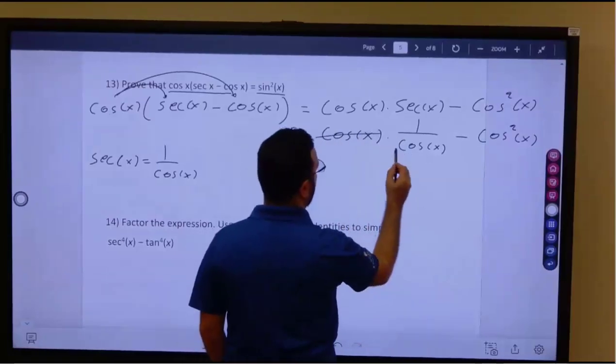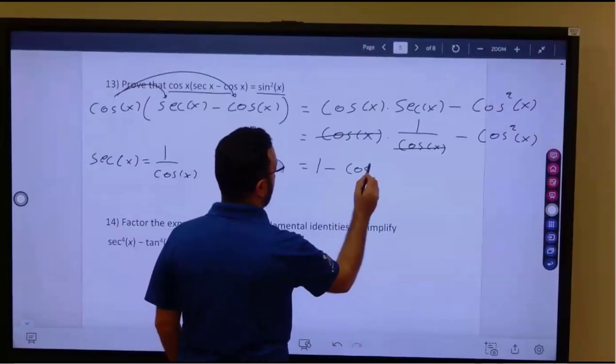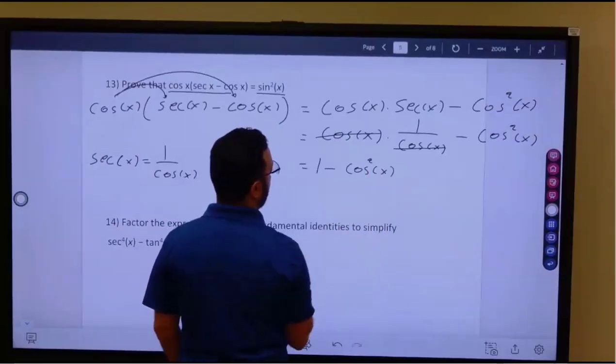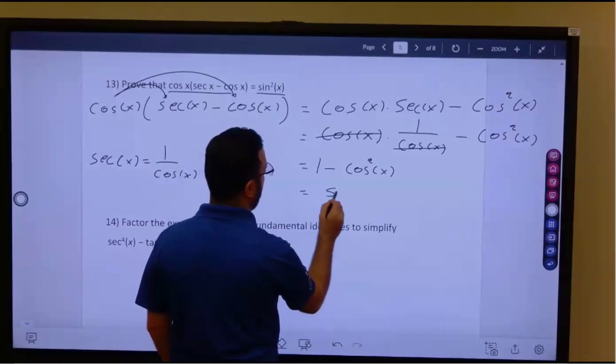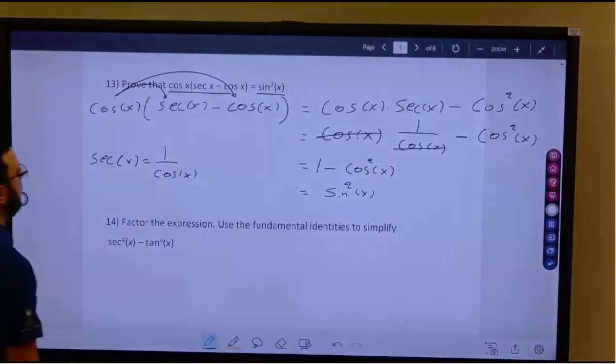Now cancel this one with this one. What's the left? 1 minus cosine squared x, which is equal to sine squared x. Done with this one. Example 15.